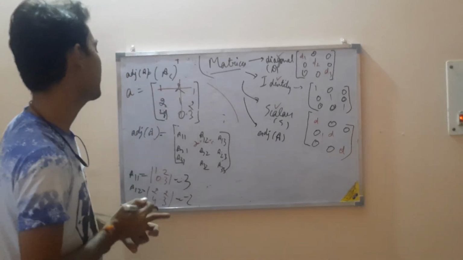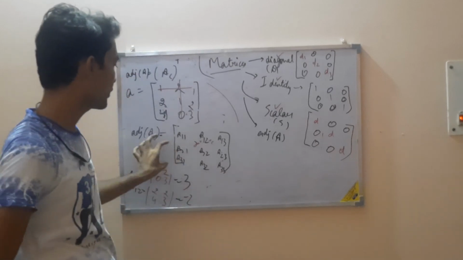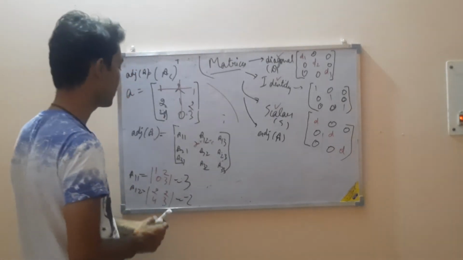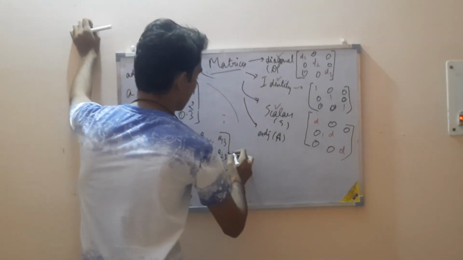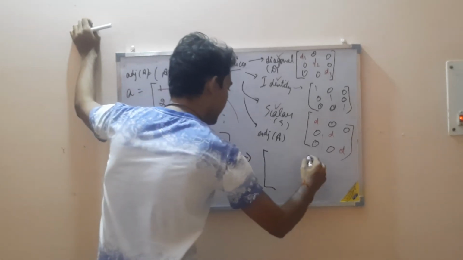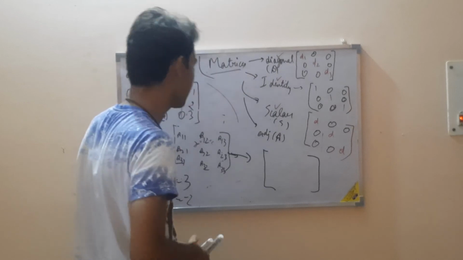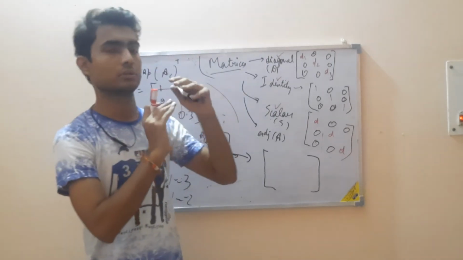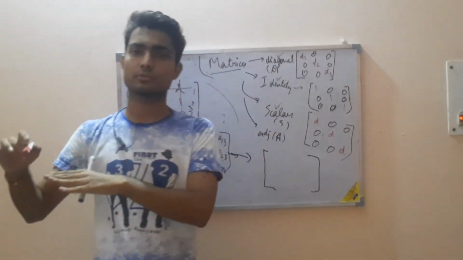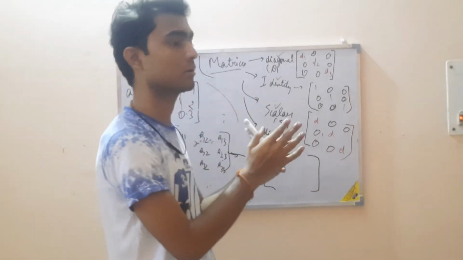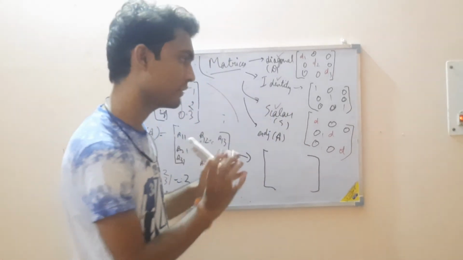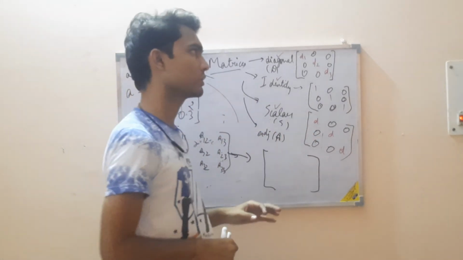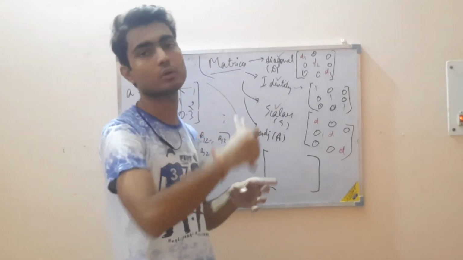In this way we have to find the cofactor at every corresponding position, and then how to write it: while calculating determinants, we used to alternate plus, minus, plus. For row 1 we keep the same sign, and for row 2 we used to put a minus sign in front of it.